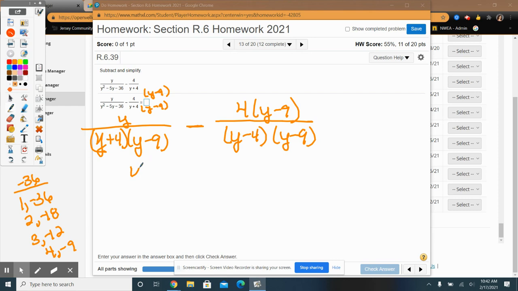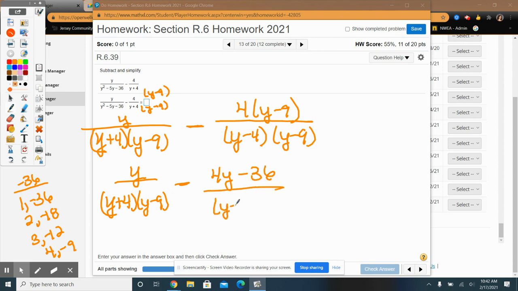So we just clean it up a little bit. So that's y still, over y plus 4, y minus 9. And you have two choices here. You can actually distribute the negative 4, or you can leave it as a minus and say that's 4y minus 36 over y plus 4, y minus 9.